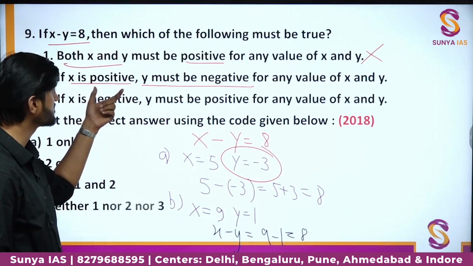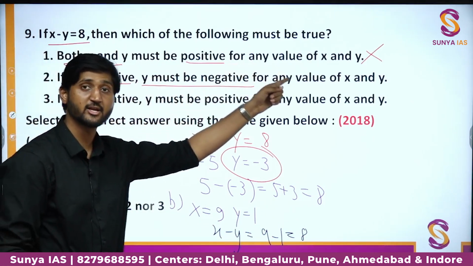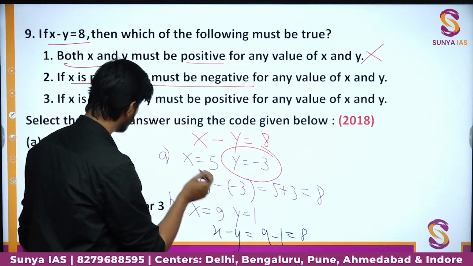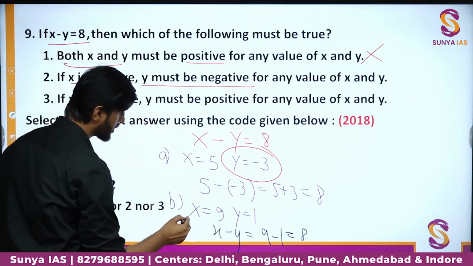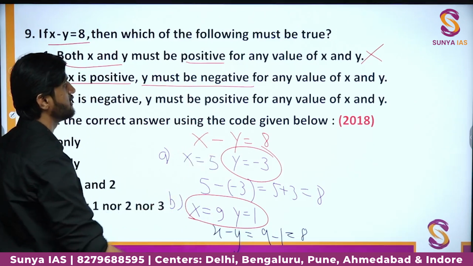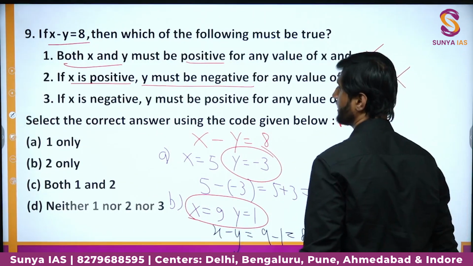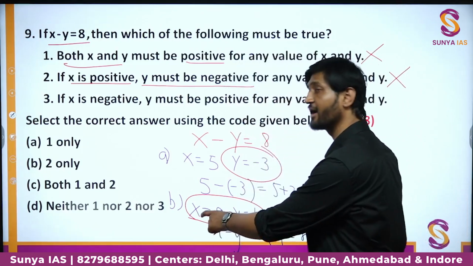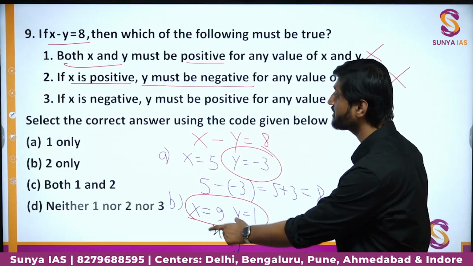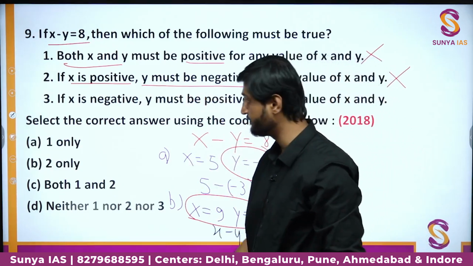So, if x is positive, it is not necessary y should be negative, it can be positive also. So, here you can also see the second statement is also not satisfying the condition, right. We can have an exception, a situation where this particular rule is not being obeyed.